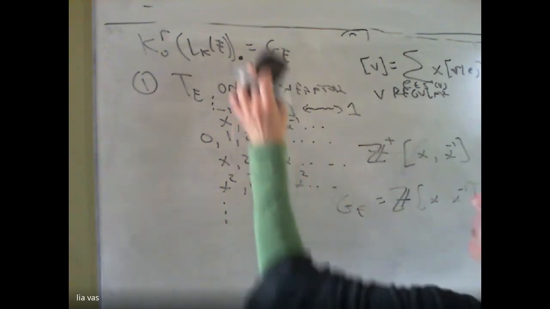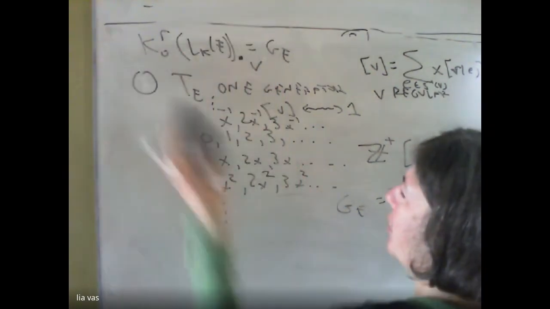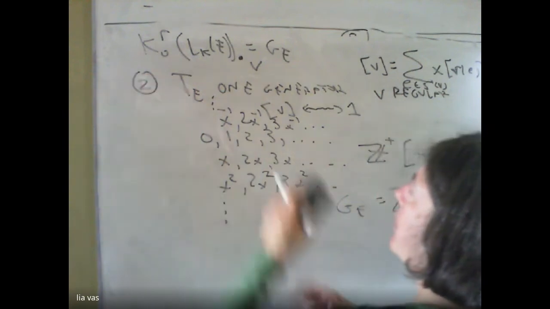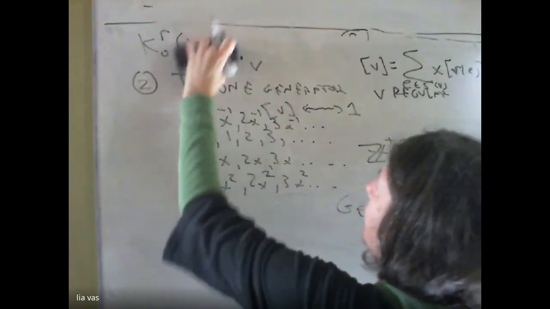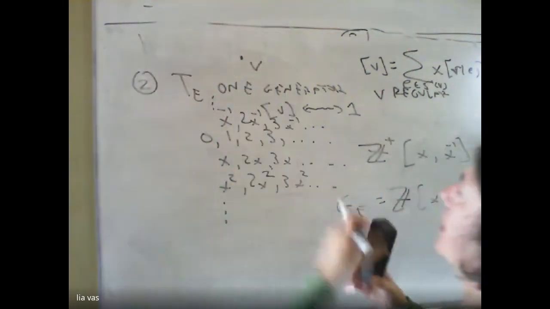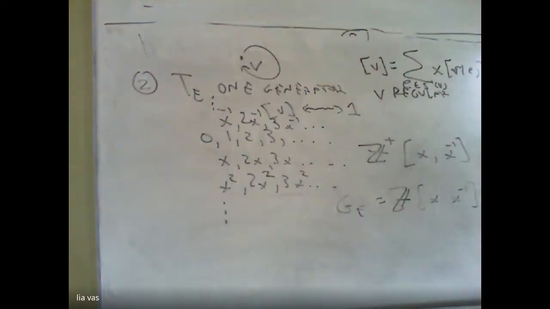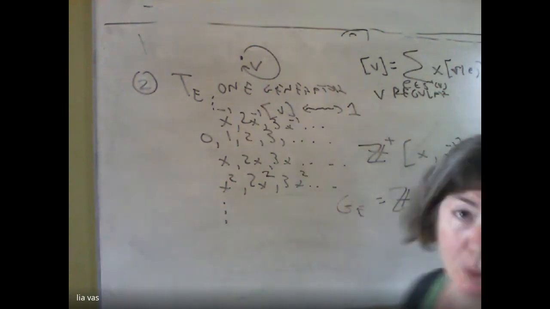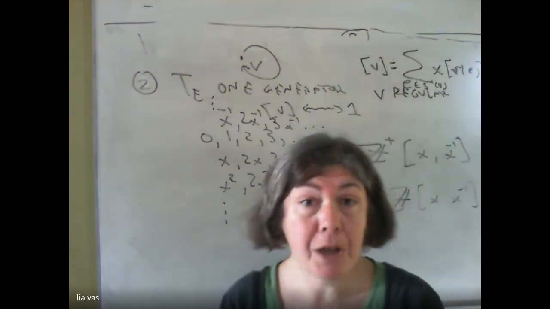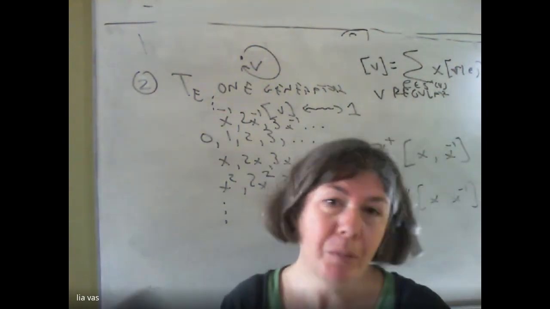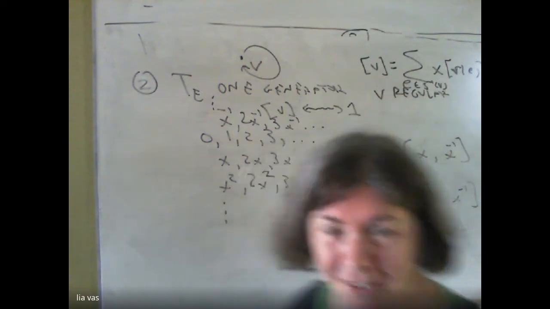So let's take a look at example number 2, where we have not just one vertex, but we also have one edge. So we have a loop, because that poor edge has nowhere else to go but back to the one and only vertex that we have.